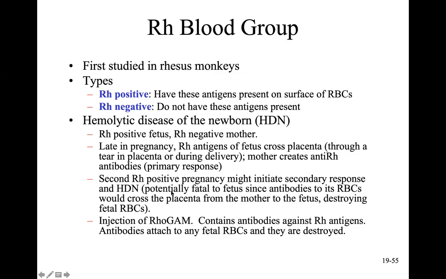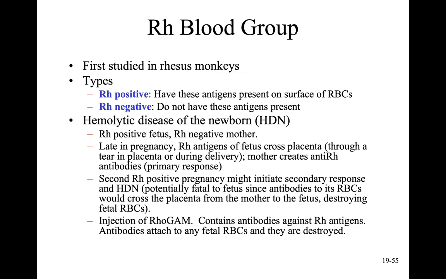Now, the second baby also has Rh positive blood. The antibodies produced by mom from the previous labor and delivery, well, those antibodies start to increase in quantity. The antibody then goes into baby's circulatory system and starts attacking the baby's red blood cells.